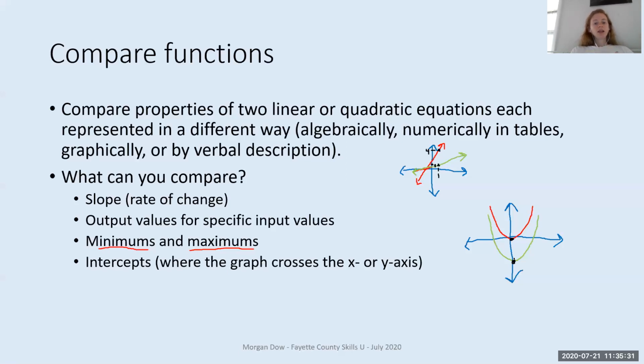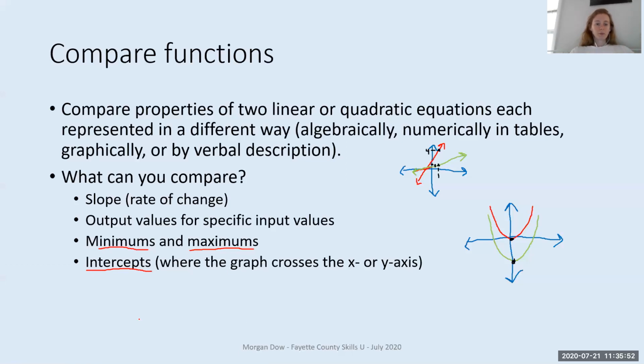And then finally, another common comparison that we might be asked to look at is to compare the intercepts. So intercepts come up a lot, especially when we're talking about graphs and functions. Intercepts are where the graph crosses the x-axis or the y-axis.